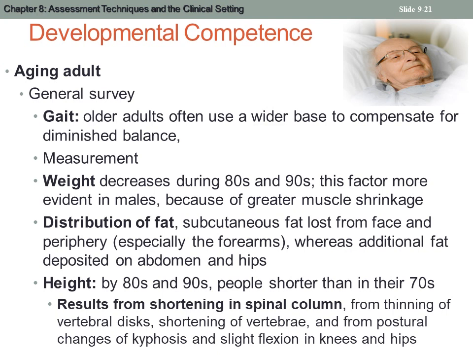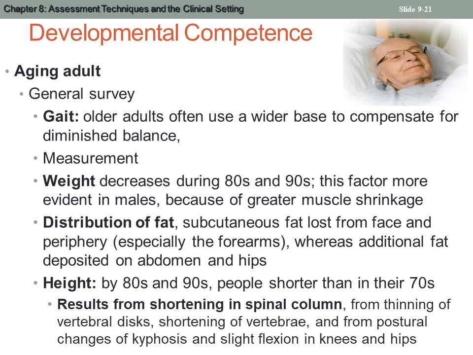If they've lost body water, the disc would lose the water within it, and the person's vertebral column becomes a little bit shorter as well. So we lose bone structure as we age.